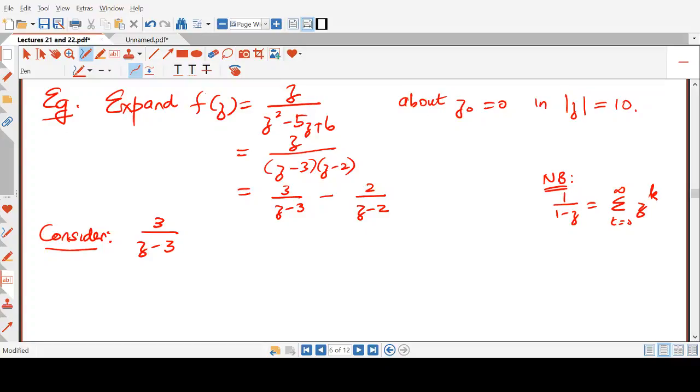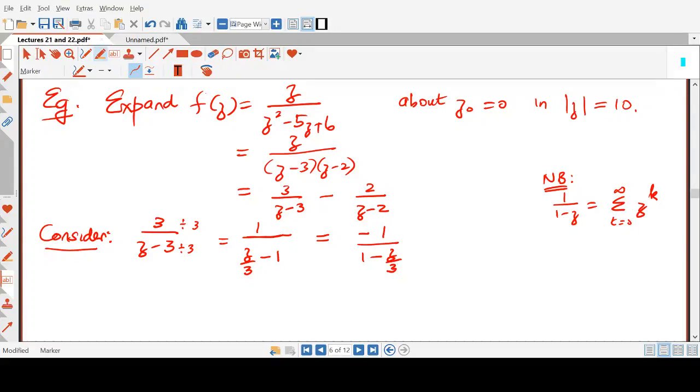But the thing is, I must have something minus z. So the first thing I need to do here is divide the numerator and denominator by 3. So I'll get a 1 on top. z over 3 minus 1. So far, I've got the 1 on the top. There's a 1 here, there's a 1. Now I want to have it the other way around. I don't want to have it as z over 3 minus 1. I want it as 1 minus z over 3. So then I have to massage it again and put this as minus 1 over 1 minus z over 3.